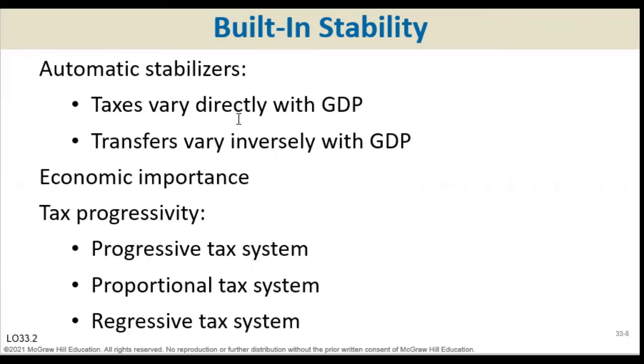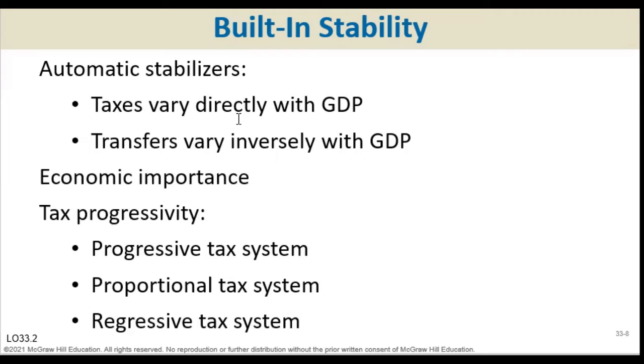So that's revenue. That's what we saw before, it varies directly with GDP: income, sales, excise, payroll taxes all increase when the economy is expanding. When we experience growth, all those also increase, and they all decrease when the economy is contracting.